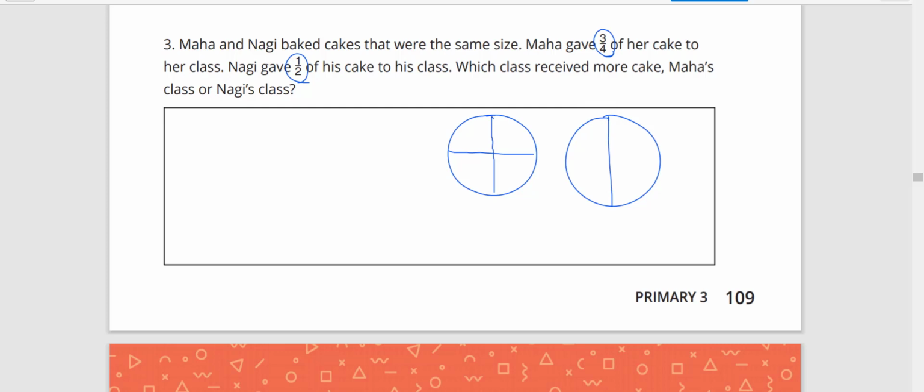Maha gave 3/4 of her cake to her class, so we shade three parts, and Nagy gave half of his cake to his class, so shade one part. Which class received more cake?